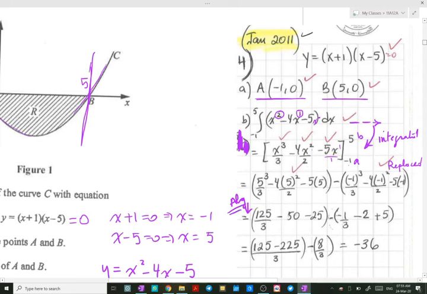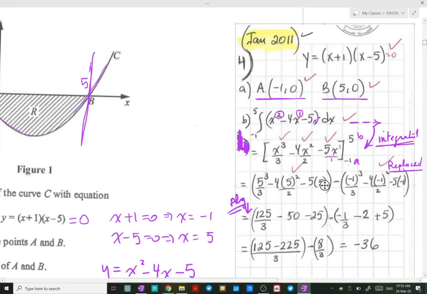So what exactly do you have to know? You have to know how to integrate and how to replace properly, and then the rest is algebra, and mainly you use your calculator in order for you to find the answer, which is minus 36.